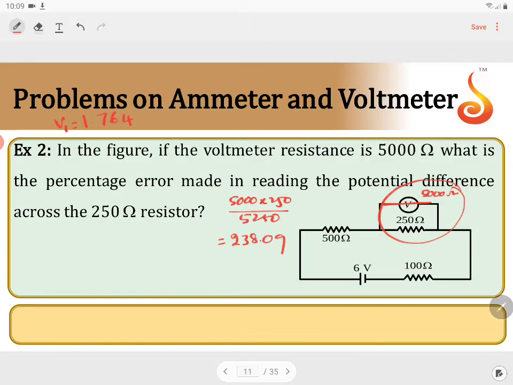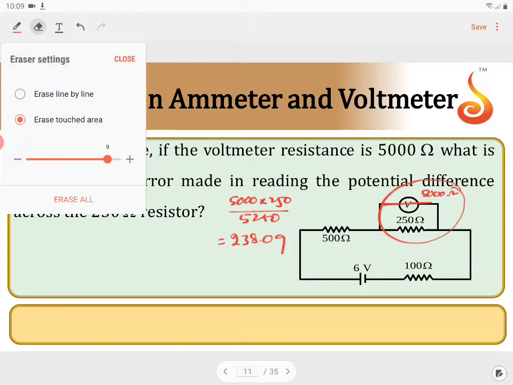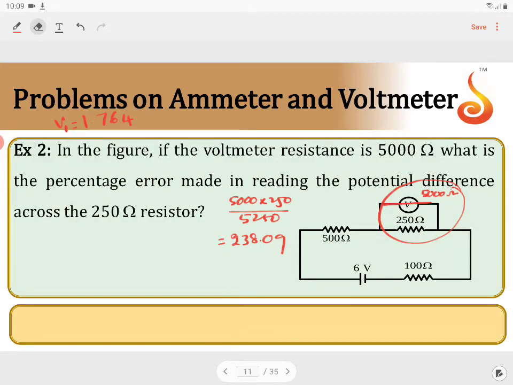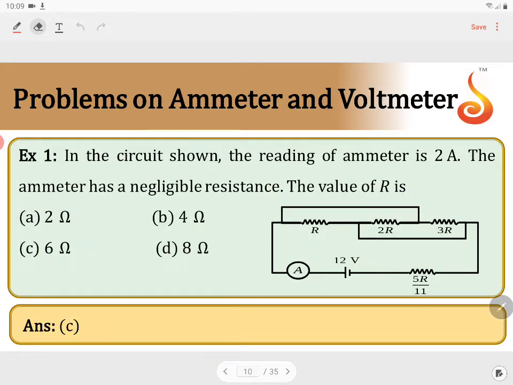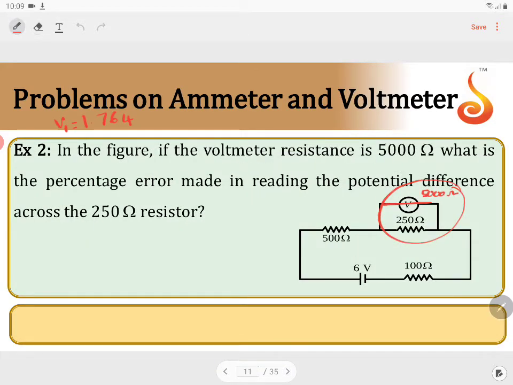In place of these two resistors, I can write 238.09. So now we have 500 ohm, 238.09, and here 6 volt, and here 100 ohm. Now again you calculate the current.